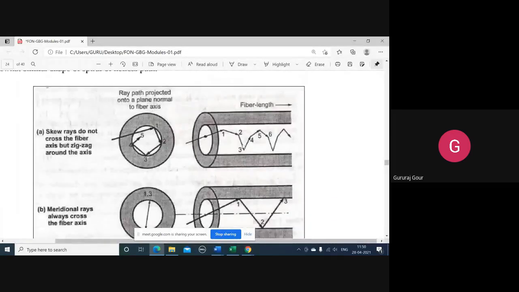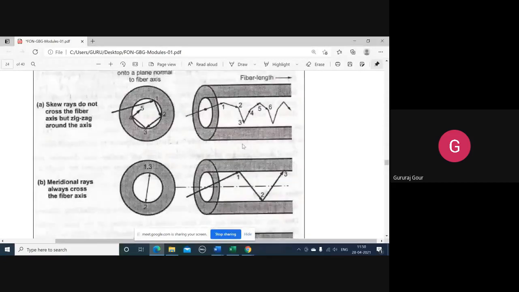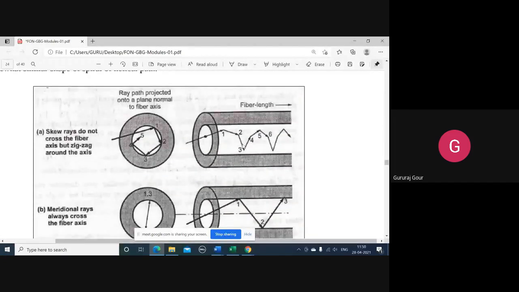If you look at this diagram, these diagrams you must practice. Diagrams must be neat as it is appearing now. Sometimes it is required from you to write about the types of rays as a part of other questions.